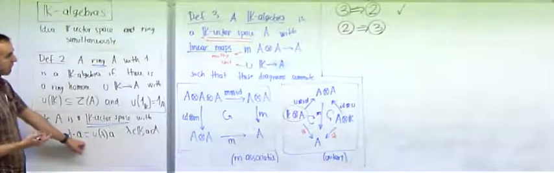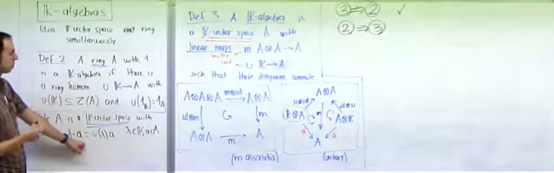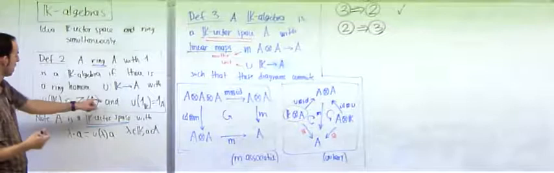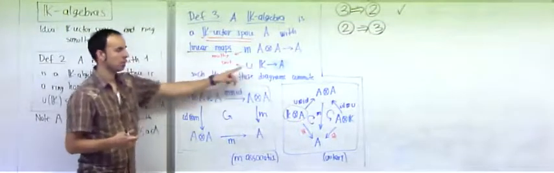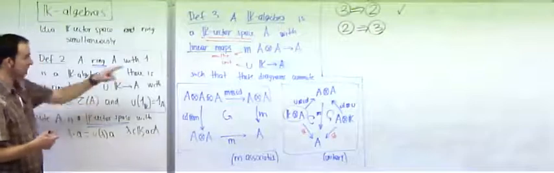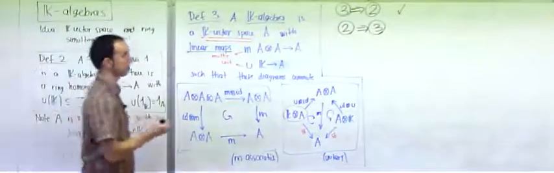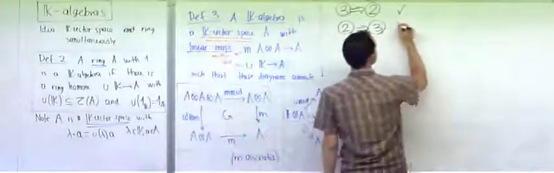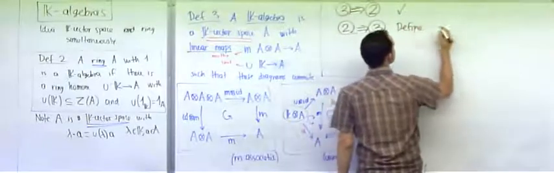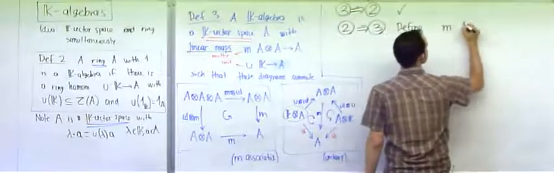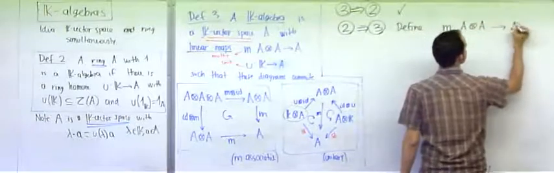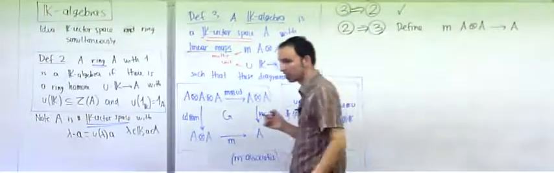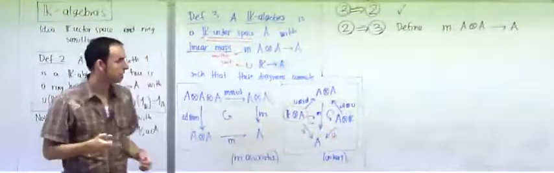I need linear maps, M and U. Now I already have U. U is a ring homomorphism, and therefore it's a linear map. But I don't have M, so I need to define M.